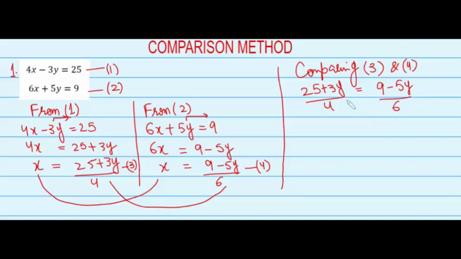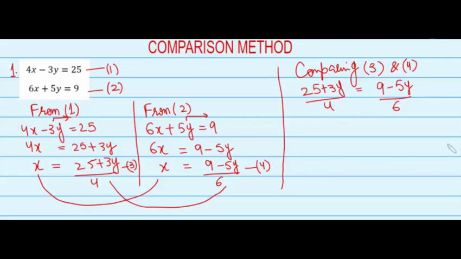Okay, so we have fractions. There are two ways to simplify them. Either cross multiplication, which means this 6 will multiply this side and 4 will multiply this side. Got it? Or you can also multiply both sides by the LCM of the denominators. I'm going to find the LCM of the denominators.